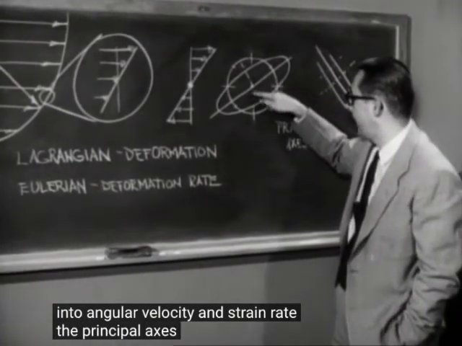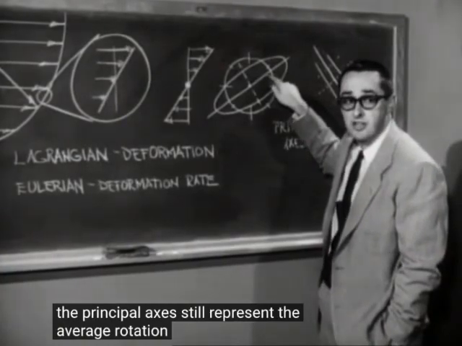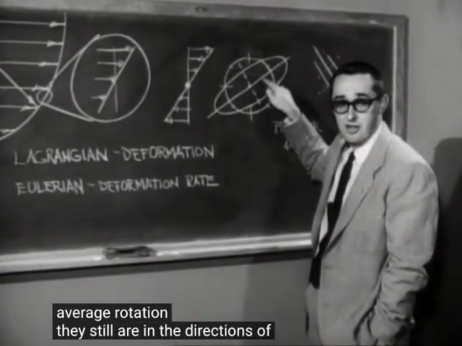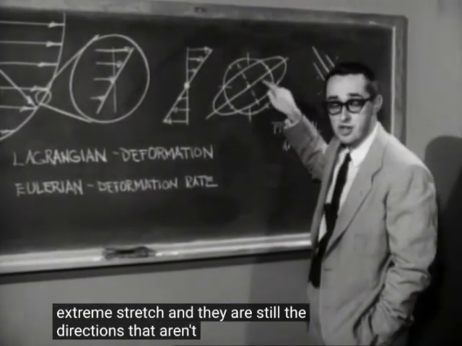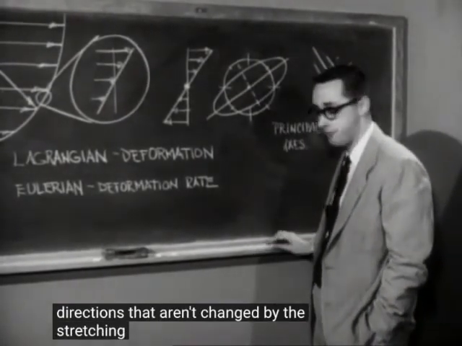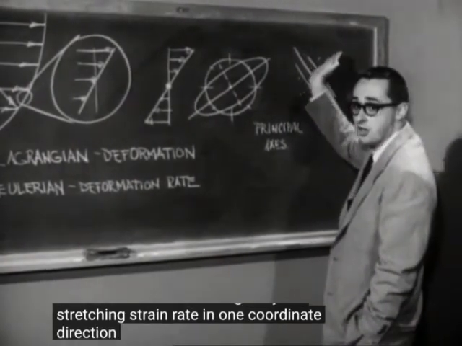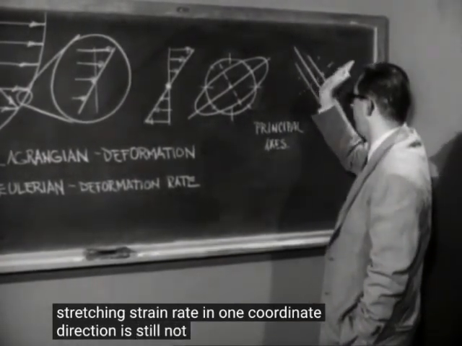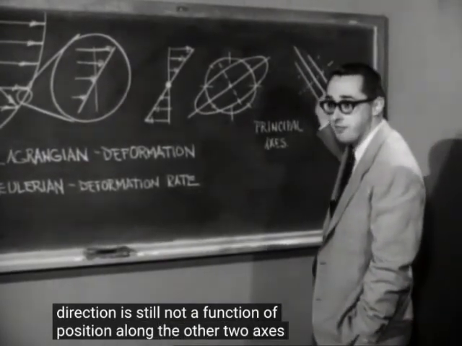The principal axes still represent the average rotation. They still are in the directions of extreme stretch, and they are still the directions that aren't changed by the stretching. Strain rate in one coordinate direction is still not a function of position along the other two axes.